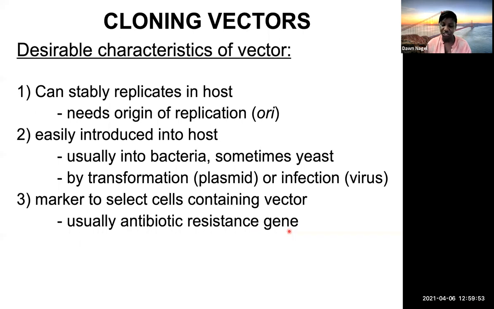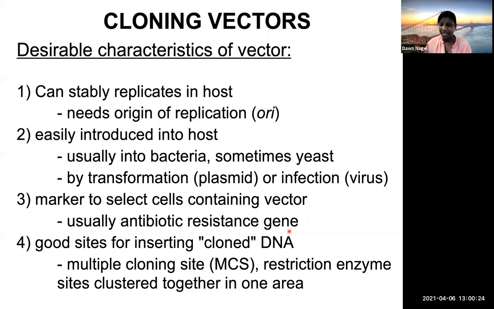So this is a gene that's resistant to a particular antibiotic that's present on that cloning vector. So if you were to grow your bacterial cells on a plate containing that antibiotic, it will not die, right? It should be able to resist it and grow on that plate if it contains that vector with that antibiotic resistance gene, right? So you need to have a selection marker.